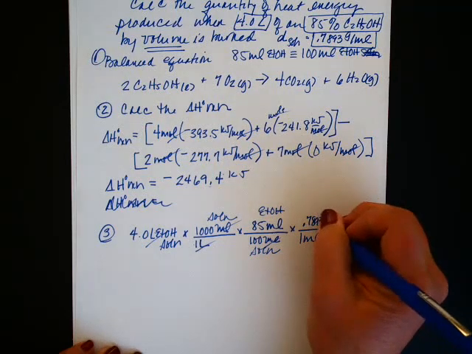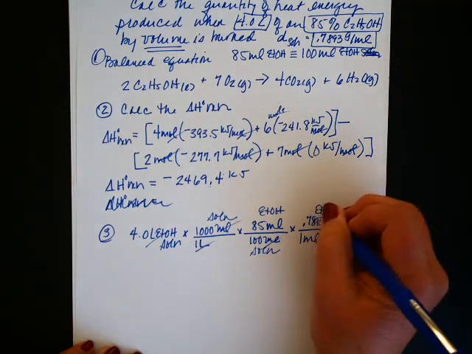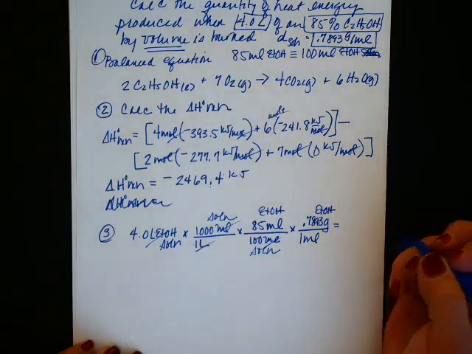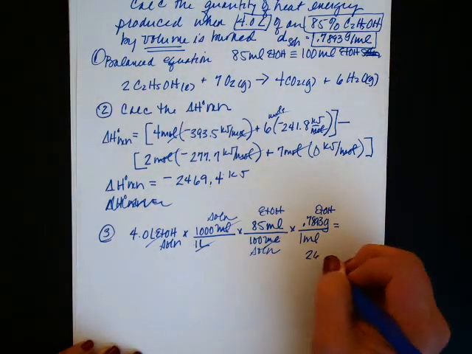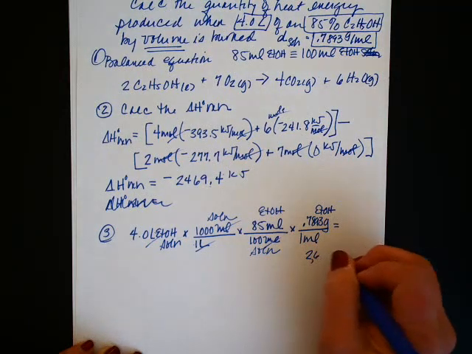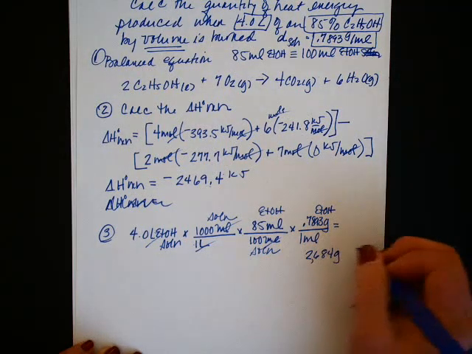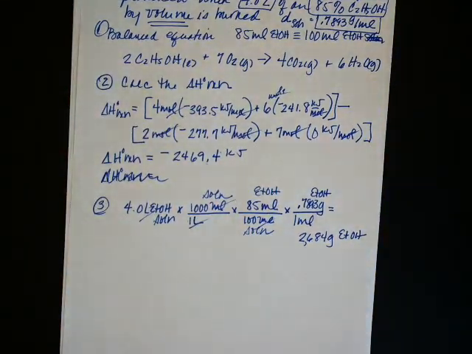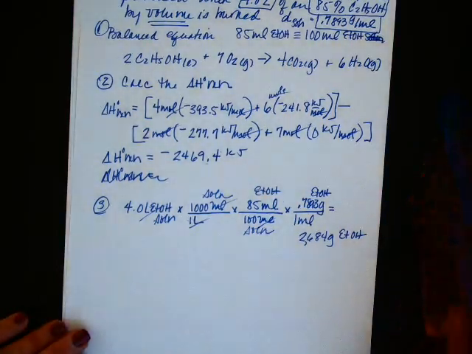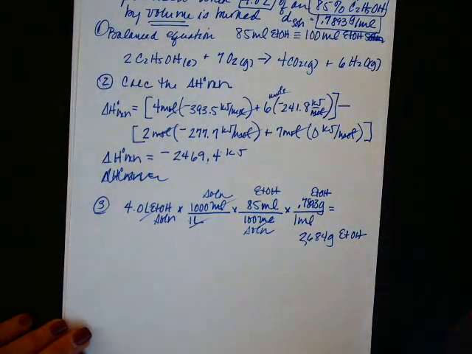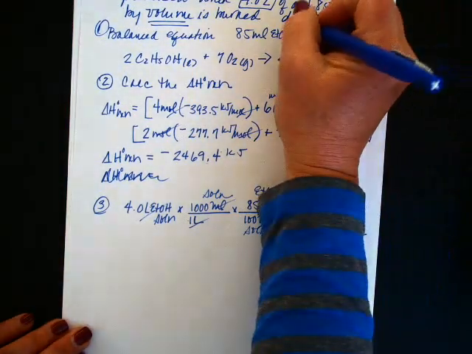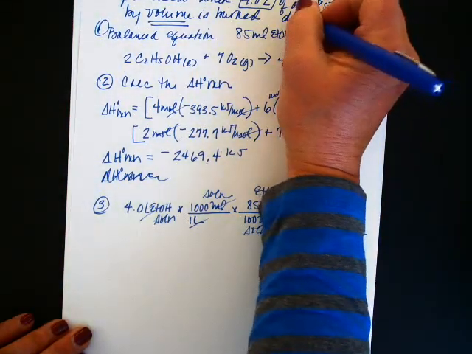So in 4 liters, I have 2,684 grams of ethanol. This is EtOH, sorry. Does this make sense?